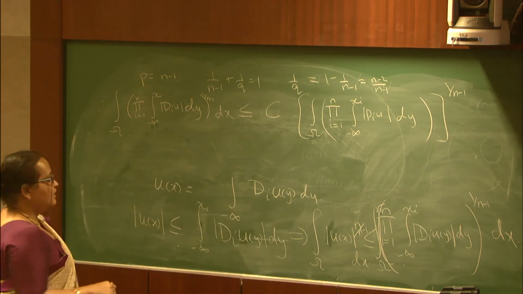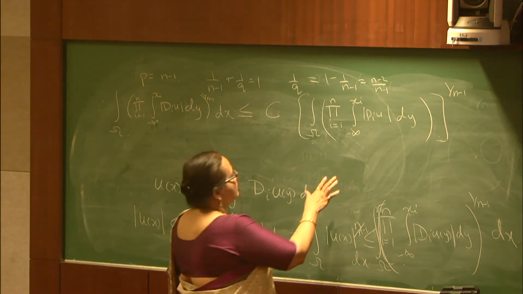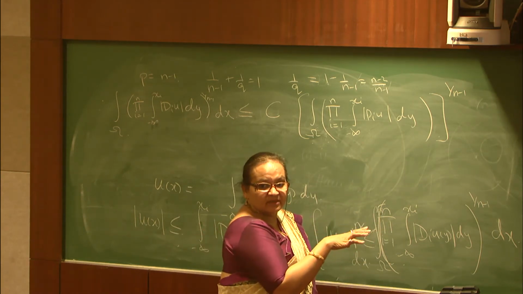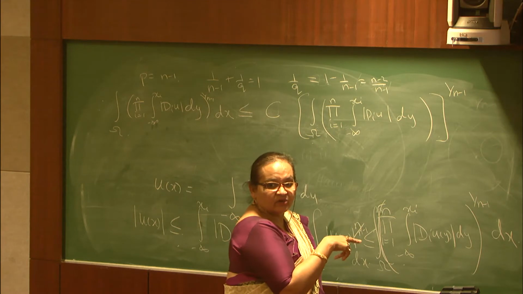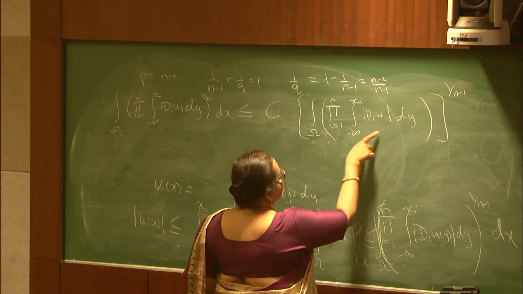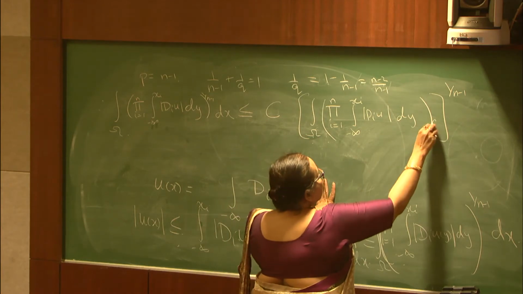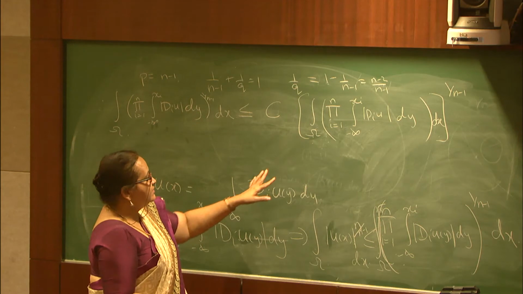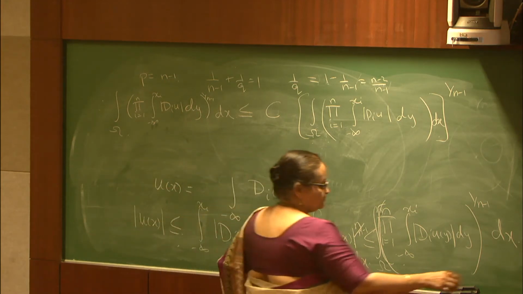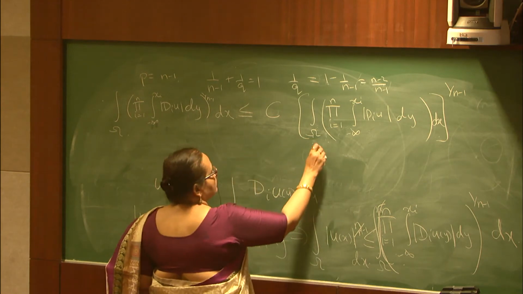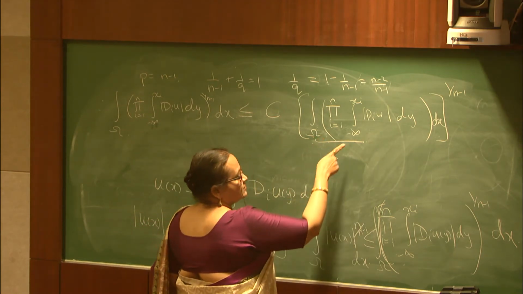Right? And now you use the geometric mean, arithmetic mean inequality. Okay, so here what you will see is that you have dx over here, okay, and this product you can combine it. Okay.